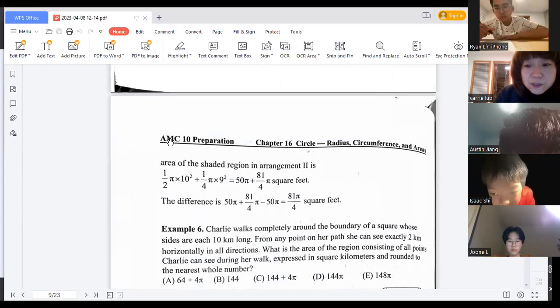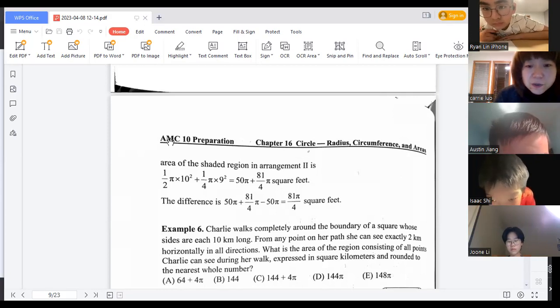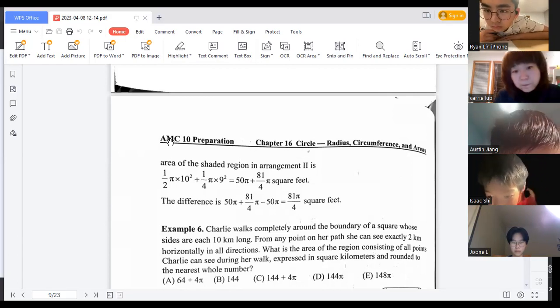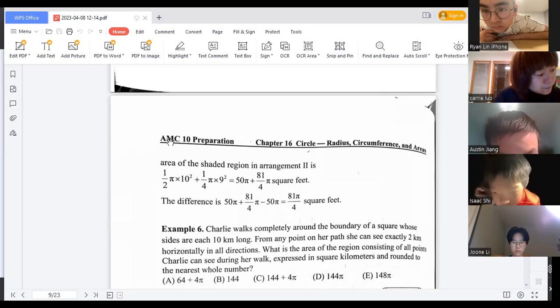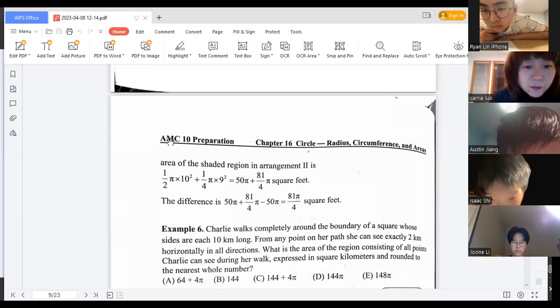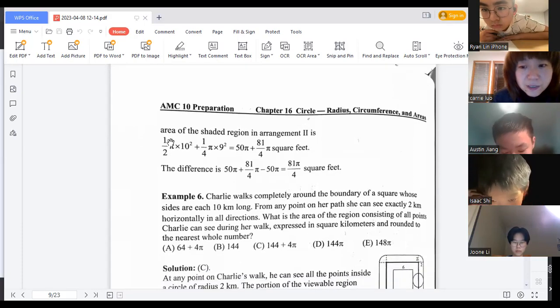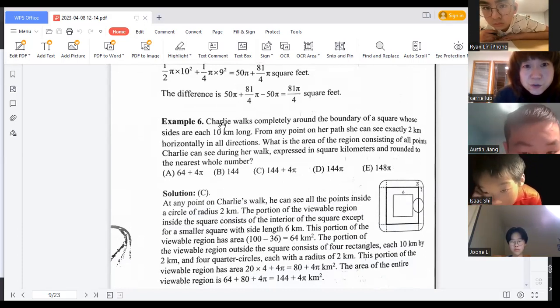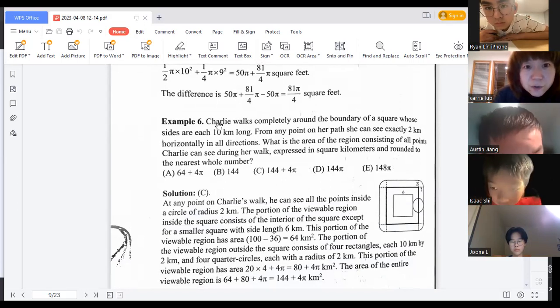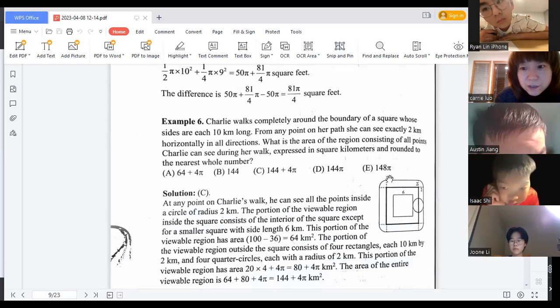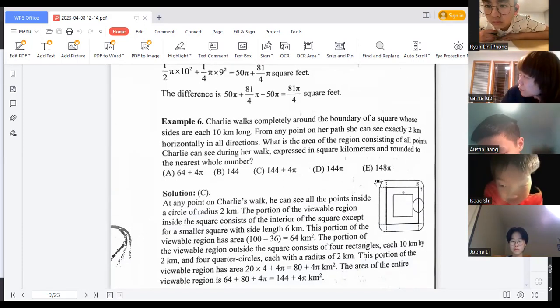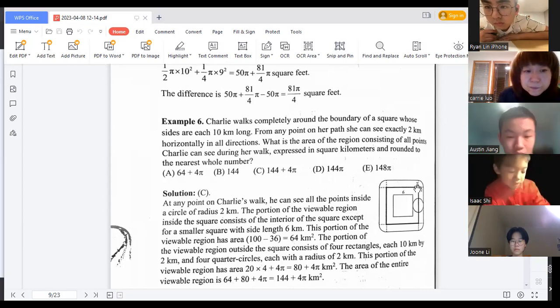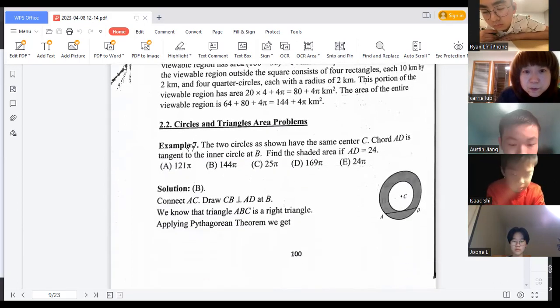What is the area of the region consisting of all points Charlie can see during her walk, expressed in square kilometers and rounded to the nearest whole number? 这个题也小时候做过的，这个题目比较简单，因为它在这样走，其实就是用一个圆形在方形的上面 create 出来的一个区域。我记得好像有一年的 AMC8有一模一样的题目。这道题目不讲了。So let's move forward to the tangent part.